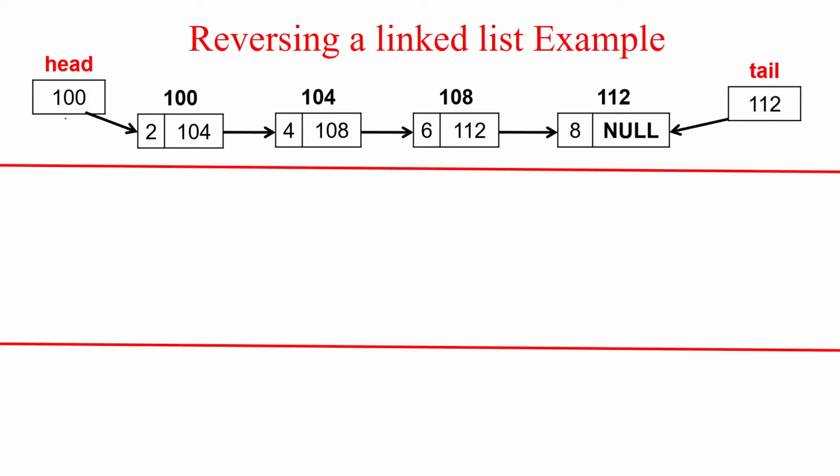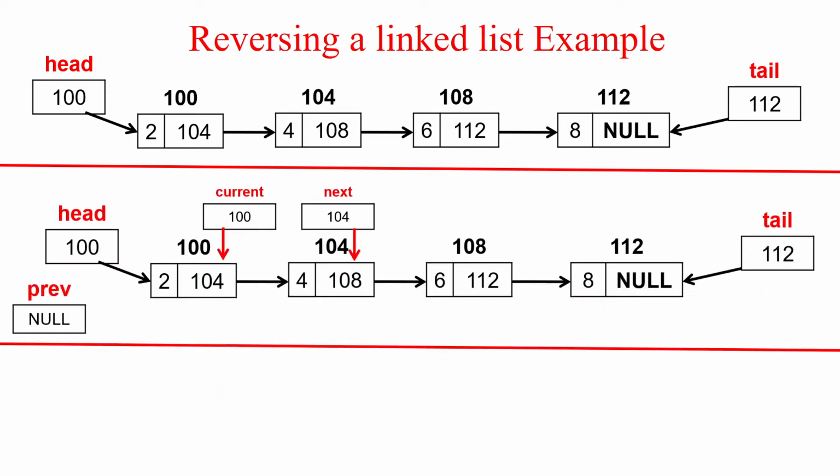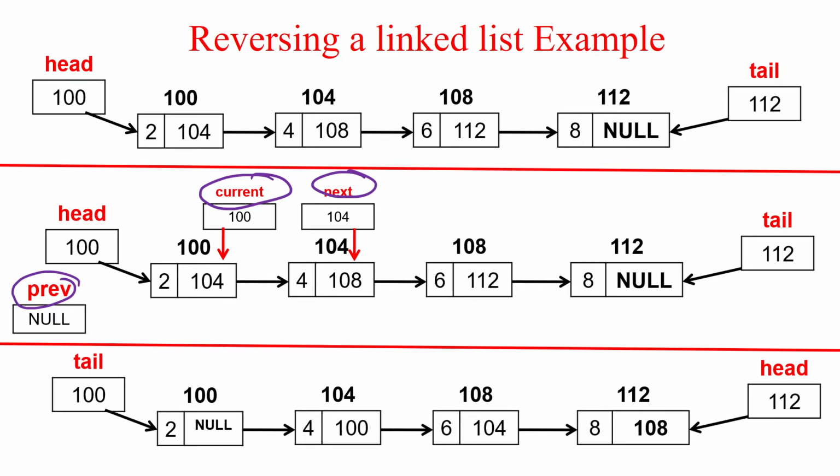Here an example is given, as I explained in the previous slide. We are using the temporary variables current and next, and also one more, previous, which we will see in the code. Finally the tail is the first node of the list and head is the last node. So now we changed everything.